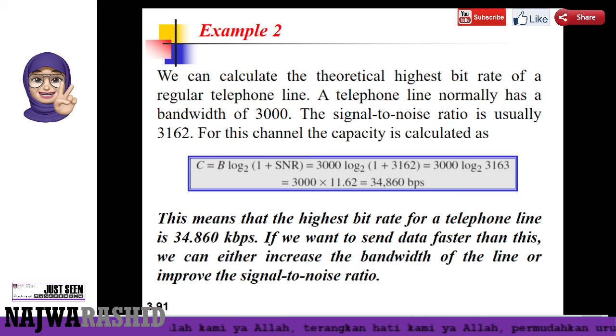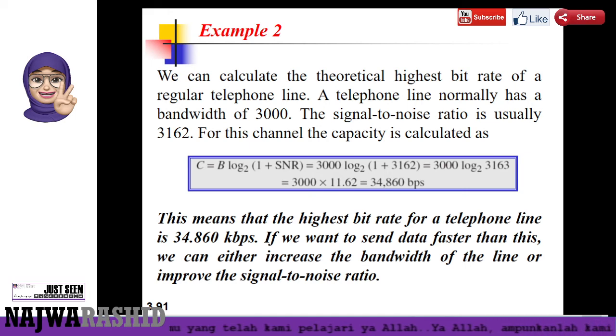For this channel, we find the capacity C. The bandwidth 3000 times log base 2 of 1 plus SNR, SNR 3162, so plus 1 equal to 3163. So 3000 times log base 2 of 3163 is equal to 3000 times 11.62.